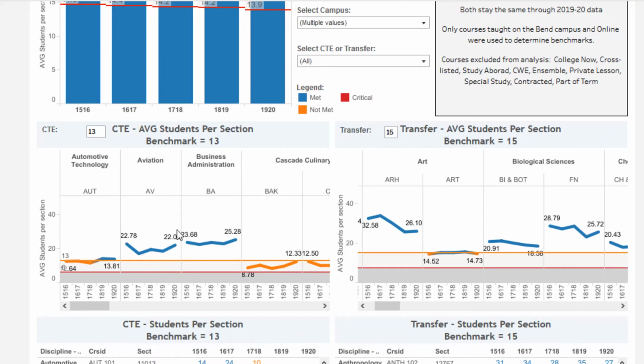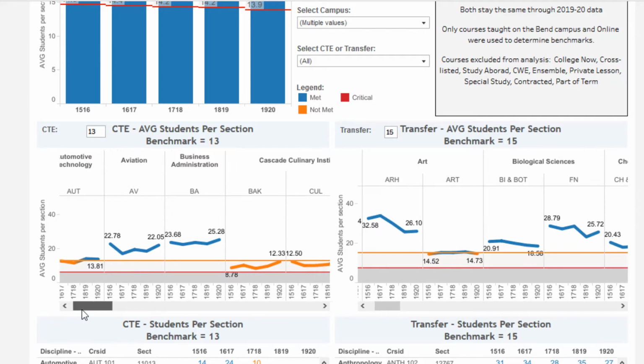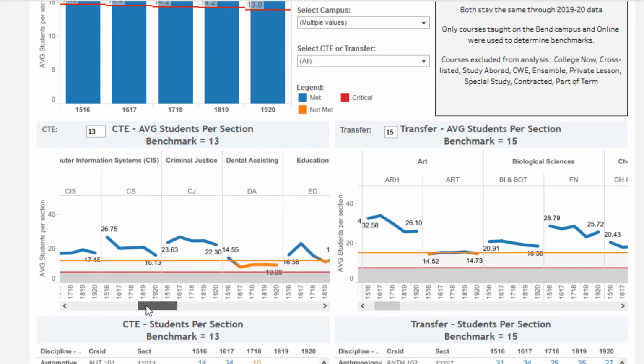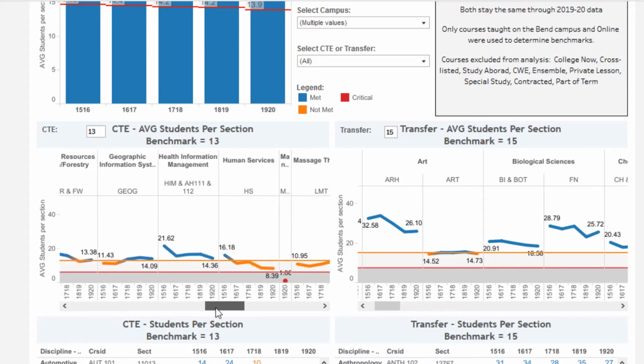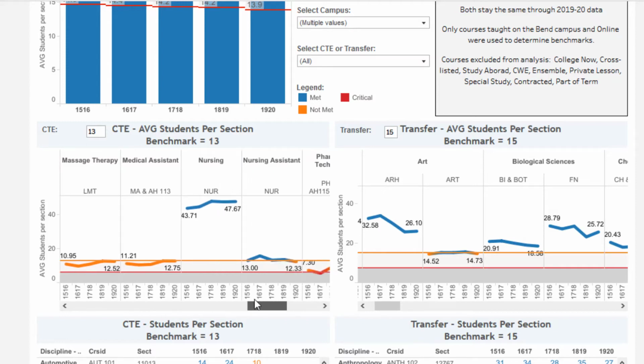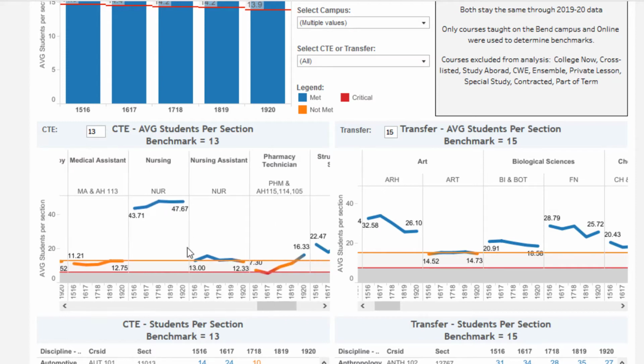Looking at these graphs up here, when you take a look at the programs as you move left to right alphabetically, we don't see a whole lot of programs that are wildly going up and down, oscillating, right? They seem to be kind of horizontal.